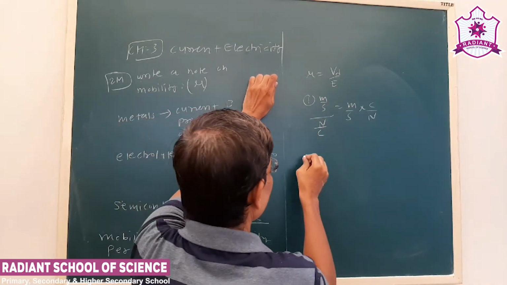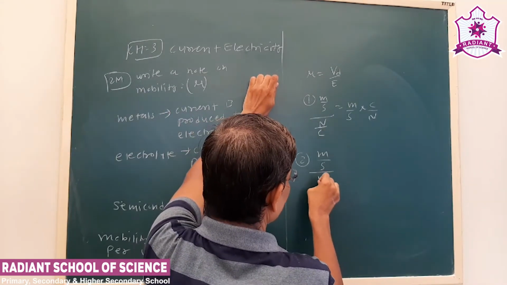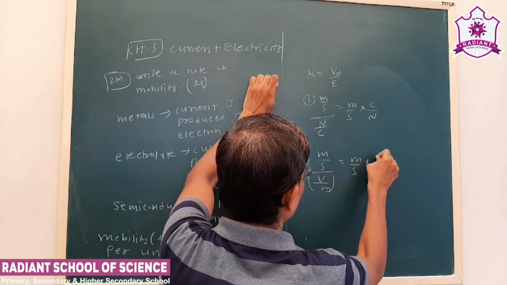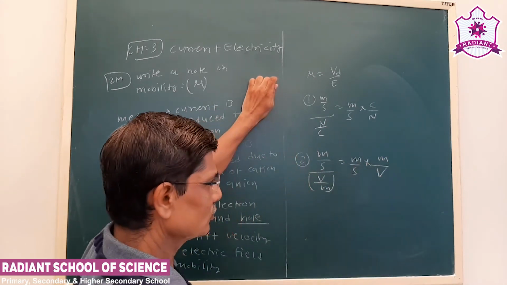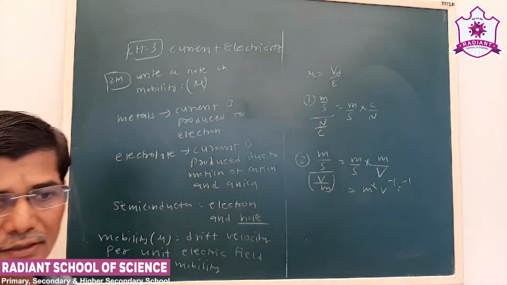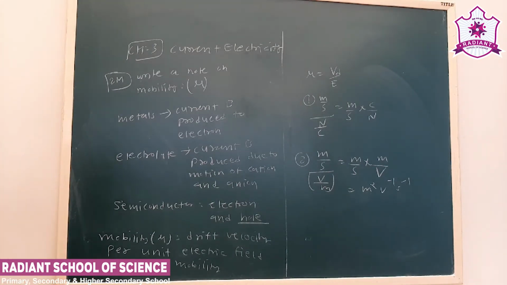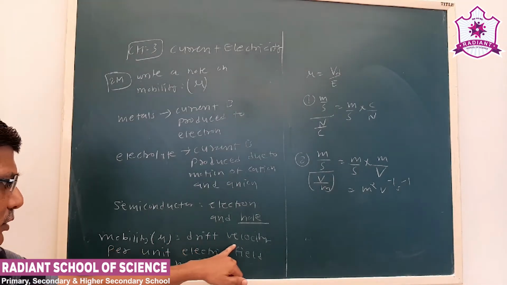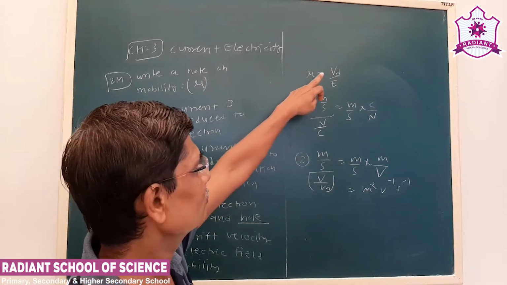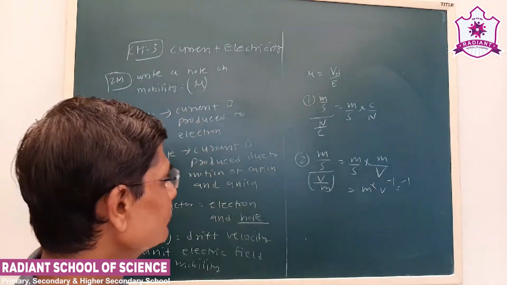Same thing can be represented with electric field unit as volt per meter, so meter per second into meter per volt, that is meter square per volt second, which is another unit. Now mobility is drift velocity per unit electric field. So mu is Vd by E. First unit we have derived: velocity is meter per second, electric field is in Newton per coulomb.